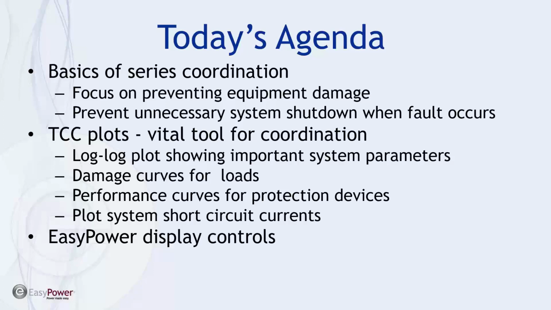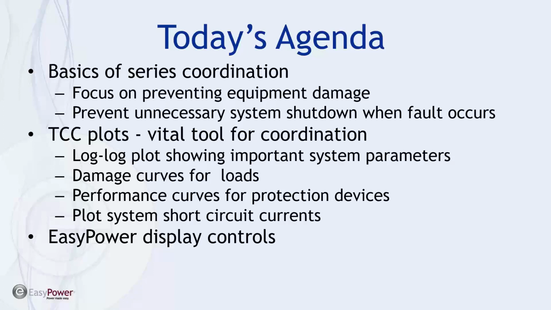To do this, we're going to use TCC plots, and it is a vital tool for coordination. Frankly, the more you know about the information on a TCC, the better prepared you'll be to deal with the intricacies of doing the coordination itself.